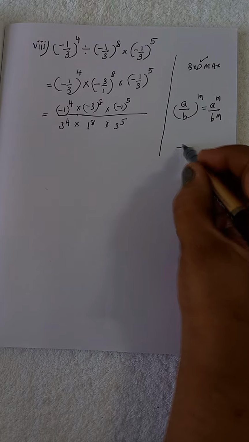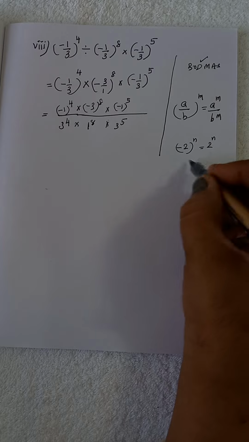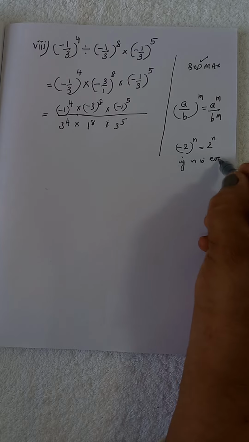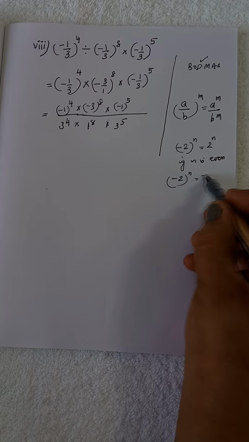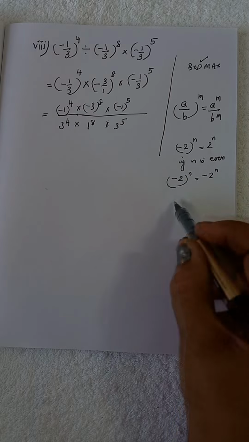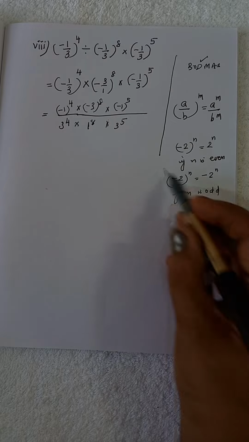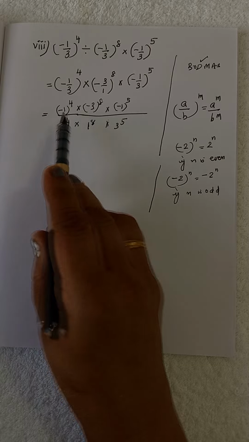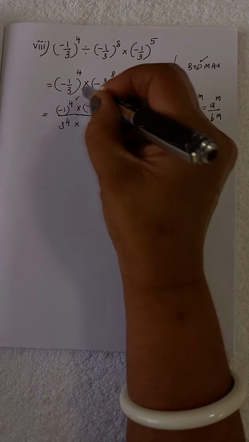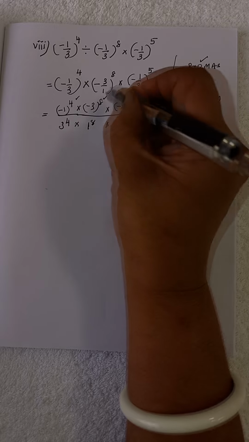Here we know (-2)^n is equal to 2^n if n is even, and (-2)^n is -2^n if n is odd. So here in this case (-1)^4, this 4 is even. This (-3)^8 also even.